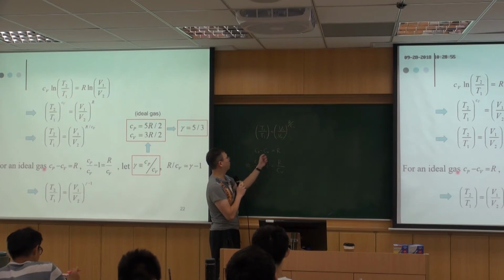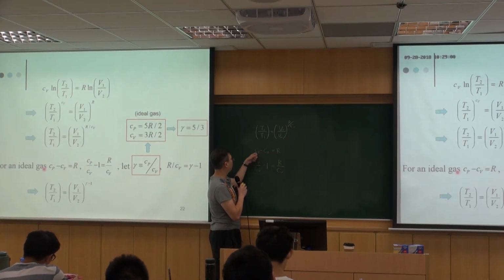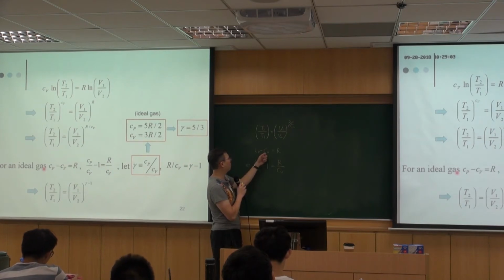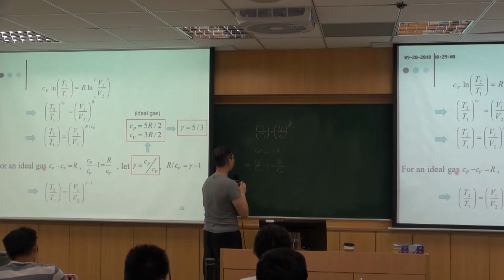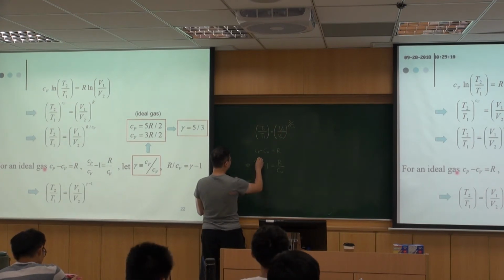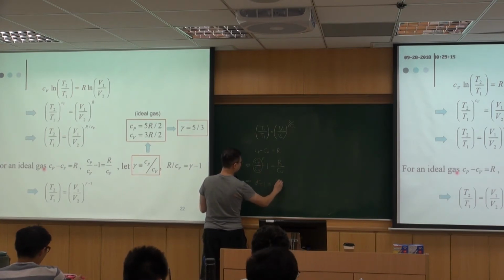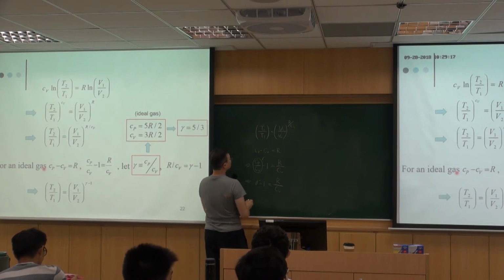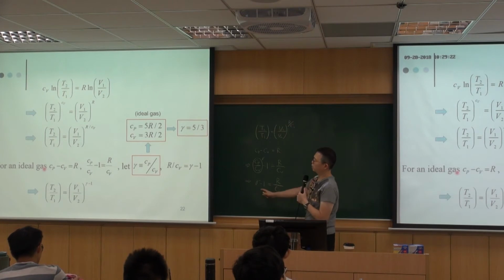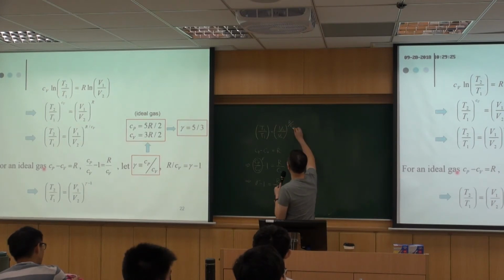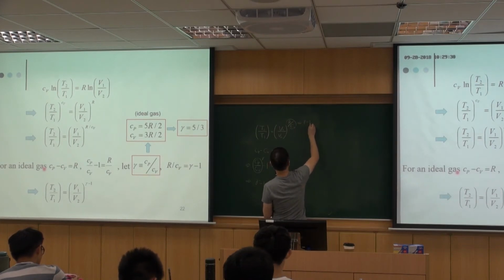The best way to do that is to divide both sides by CV. So you have CP over CV here, and now this is minus 1, and here you have the term you want over there. And then we define this term as gamma. Right? So R over CV is gamma minus 1. So this term turns out to be, by definition, gamma minus 1.